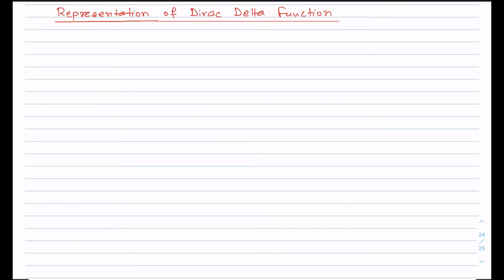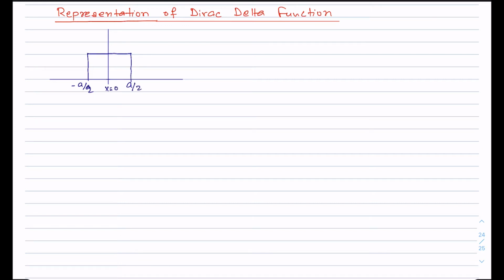Okay. As our first example, let us consider a rectangular function which is defined within minus a by 2 to plus a by 2.